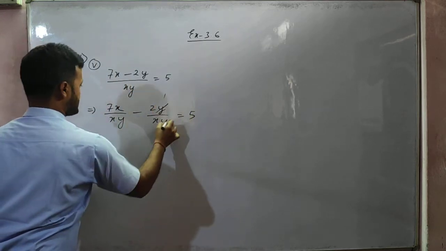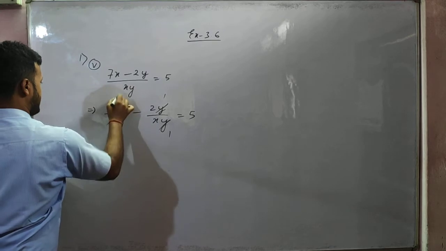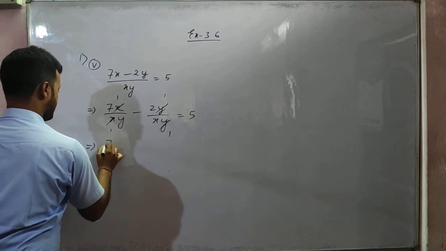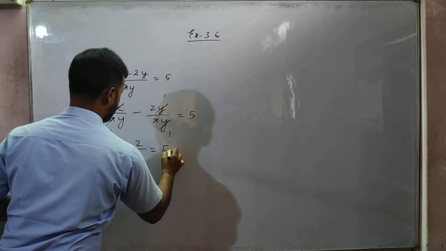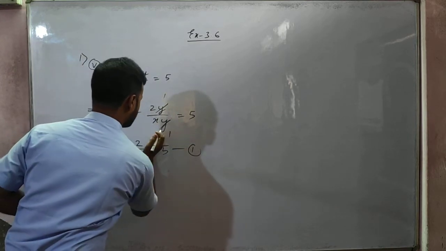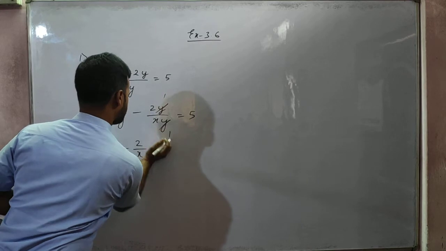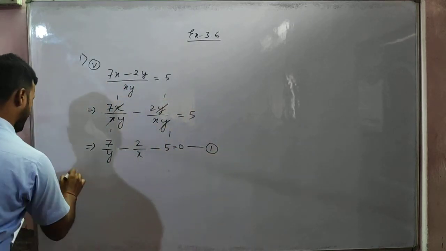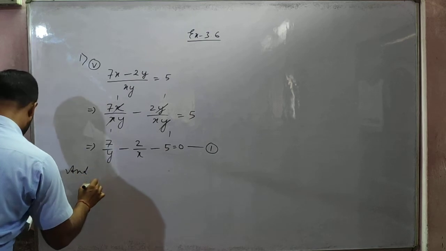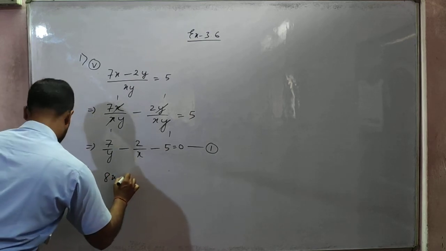Now y and y cancel, x and x cancel, so 7 by y minus 2 by x is equal to 5. Mark it 1. Or you can take 5 to the left hand side only, minus 5 is equal to 0, mark it number 1.